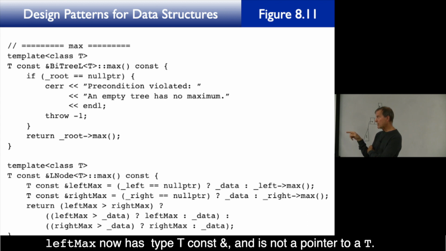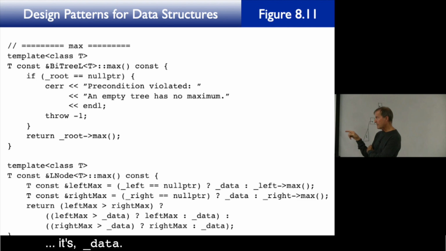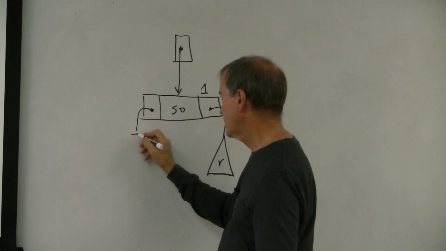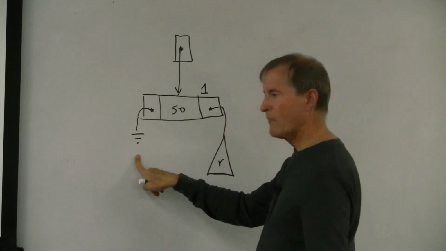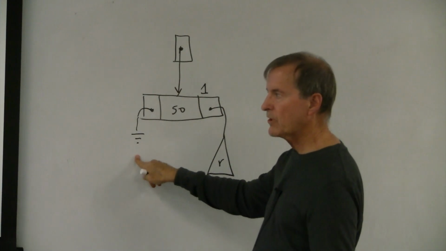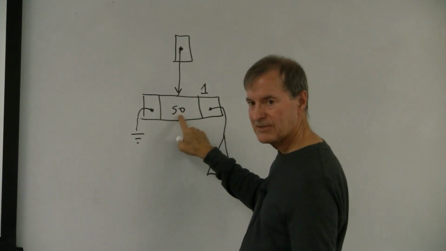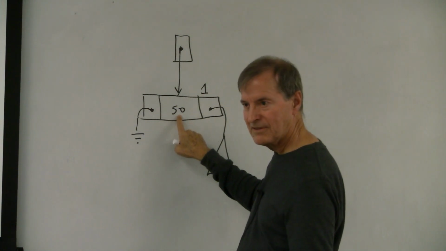So what we do is we say, if left equals null pointer, then what is underscore left max? It's data temp. You see? So here, if there is no max over here, then what are we doing? We are setting left max to this.